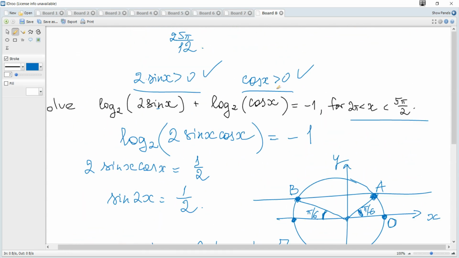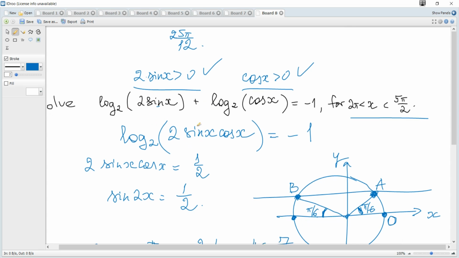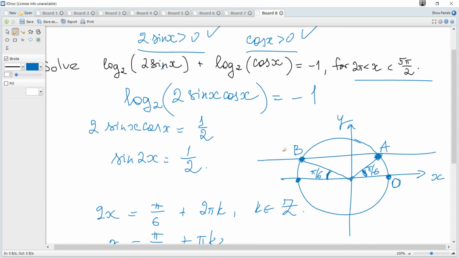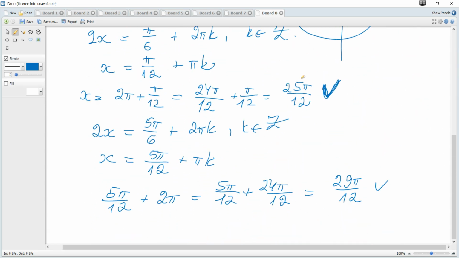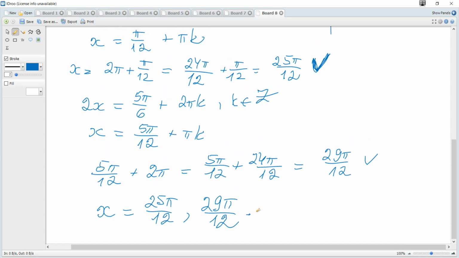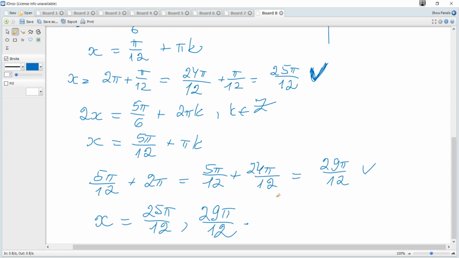Sine is positive, cosine is positive, so with respect to the domain of log, it is satisfied, so it's okay. So there are two possible solutions: 25 pi over 12 and 29 pi over 12. And that's all for this question.